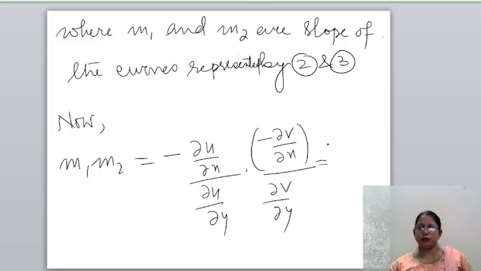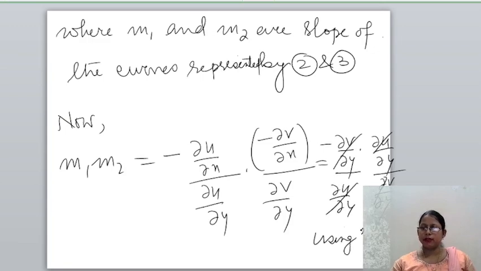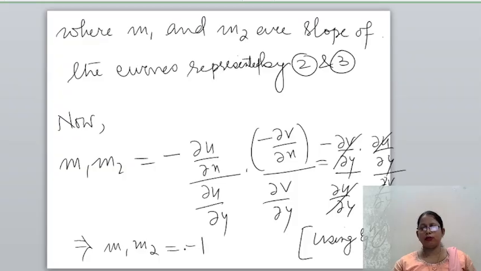So these terms cancel out, and this implies m1 m2 is equal to minus 1.